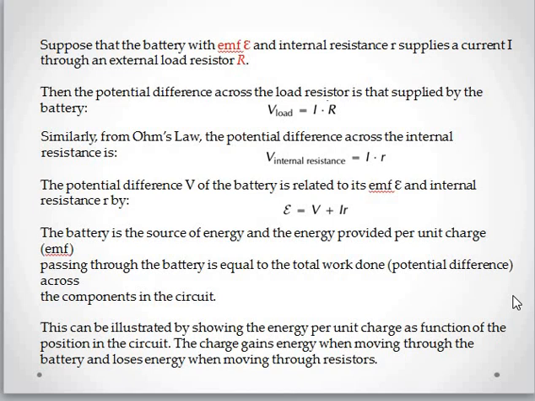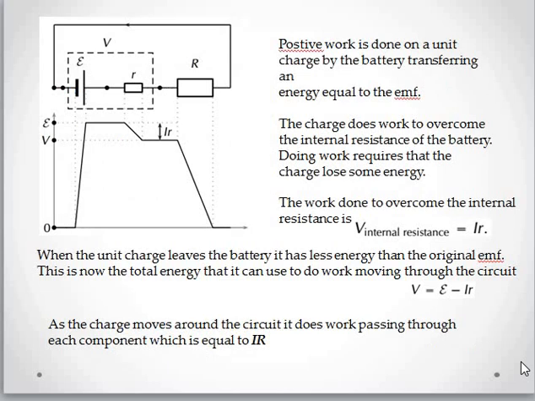So there are two types of voltage there: the internally consumed and the externally consumed. These two together give us the total produced energy of voltage, which is the electromotive force, epsilon. Okay, so let's look at how the energy is consumed.